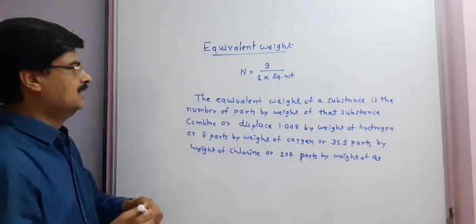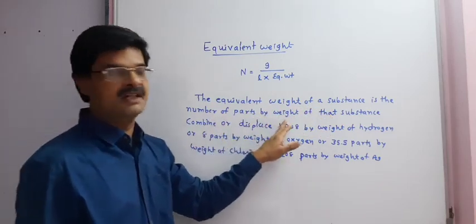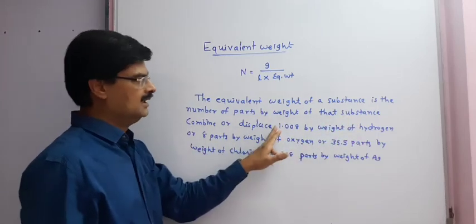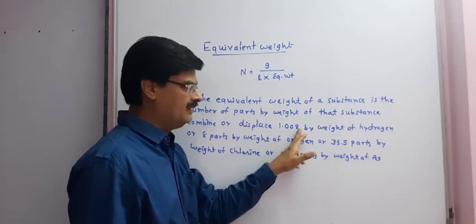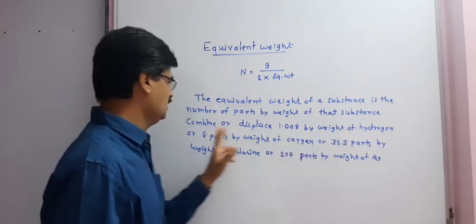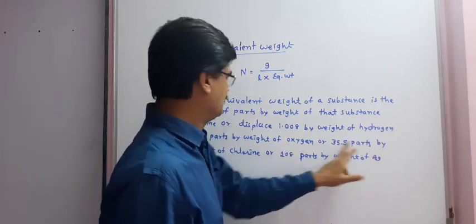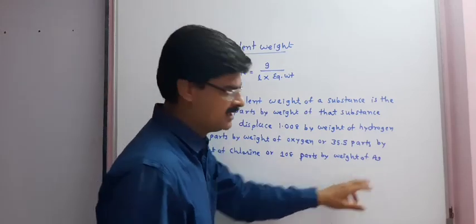Once more, the equivalent weight of a substance is the number of parts by weight of that substance that combine or displace, directly or indirectly, 1.008 parts by weight of hydrogen, or 8 parts by weight of oxygen, or 35.5 parts by weight of chlorine, or 108 parts by weight of silver, Ag.